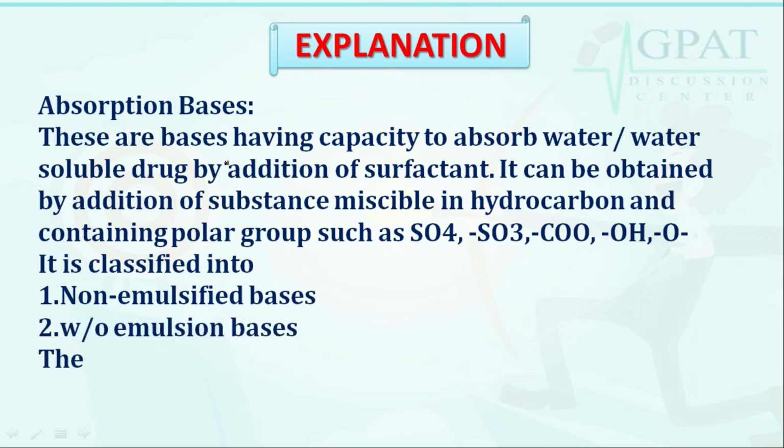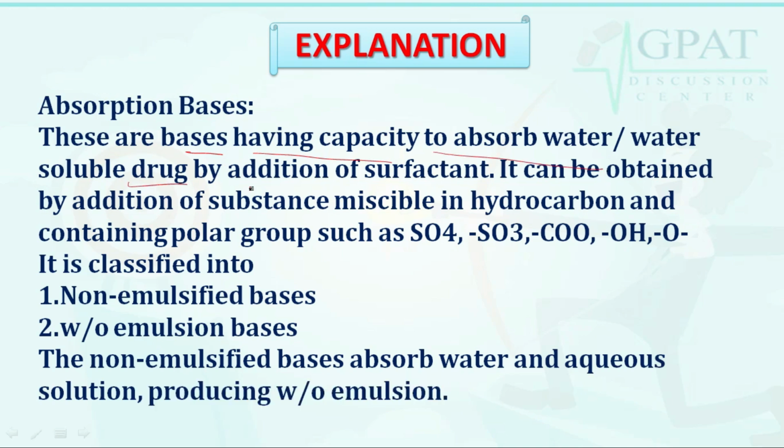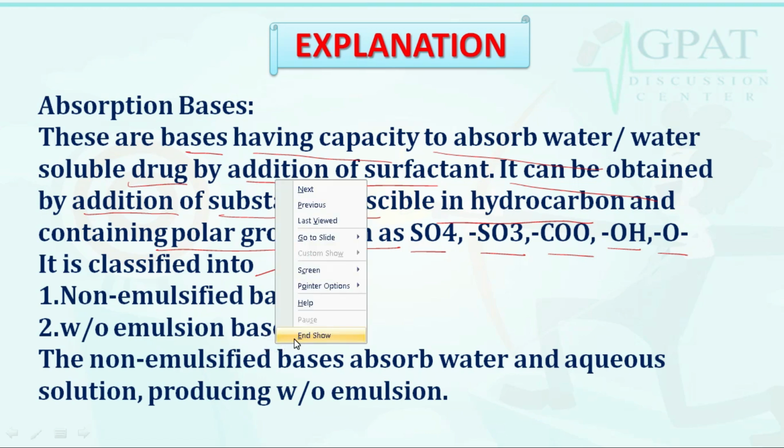These are bases having the capacity to absorb water and water-soluble drugs by the addition of a surfactant, and this can be obtained by addition of a substance miscible in hydrocarbon and containing a polar group such as SO4, CO and OH groups. It is classified into non-emulsified bases and water-in-oil emulsion bases.